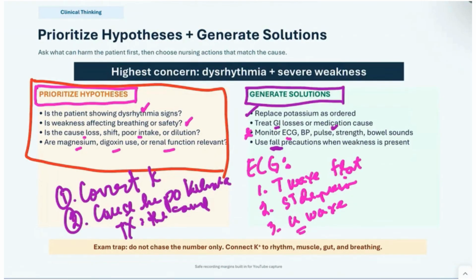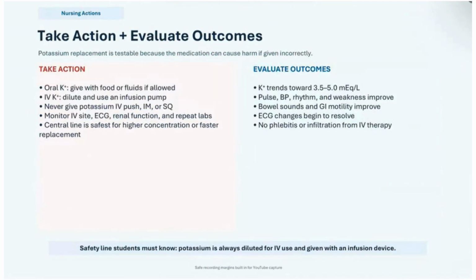Now we know what needs to be done. The next step is carrying out that plan safely, because potassium replacement itself can cause serious harm if it's not administered correctly. So let's take action. That's the next step.